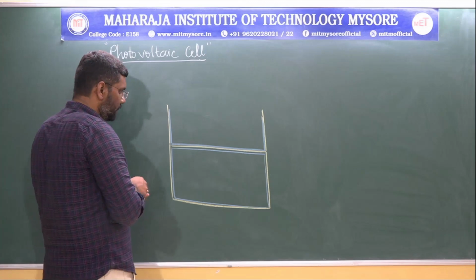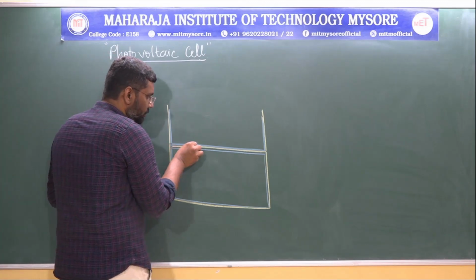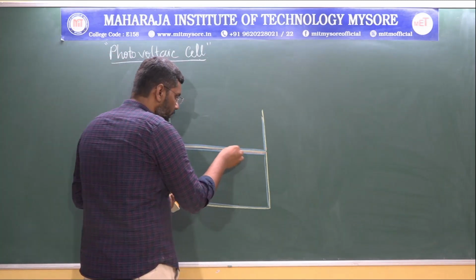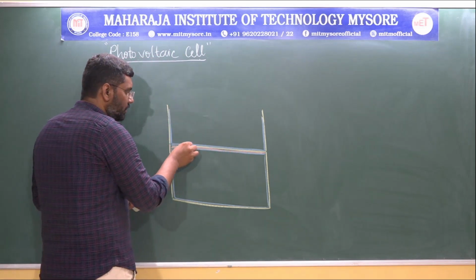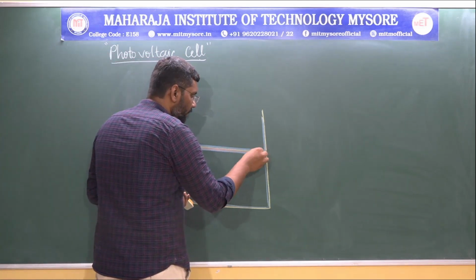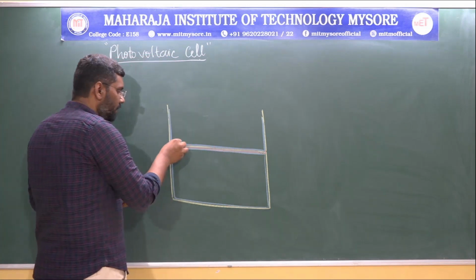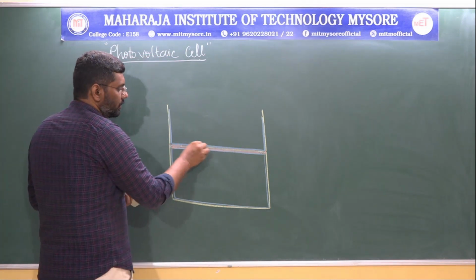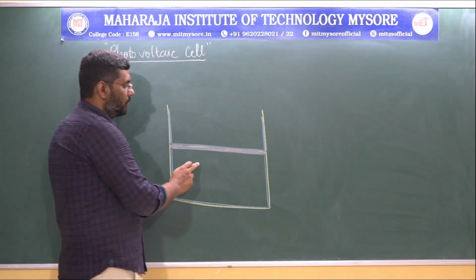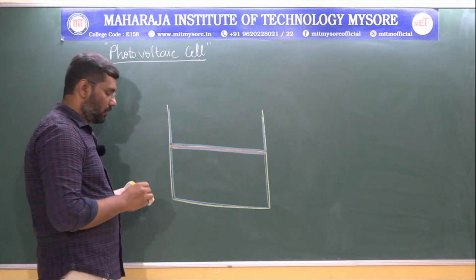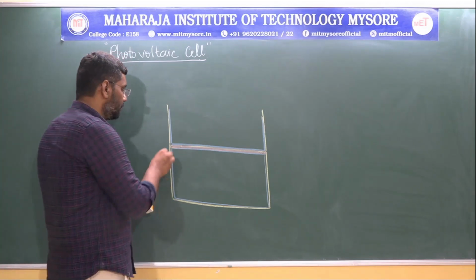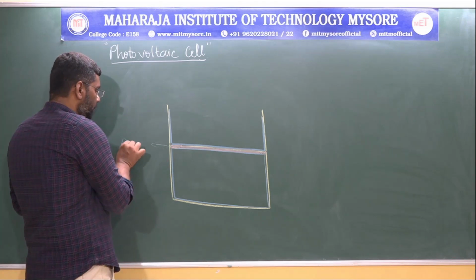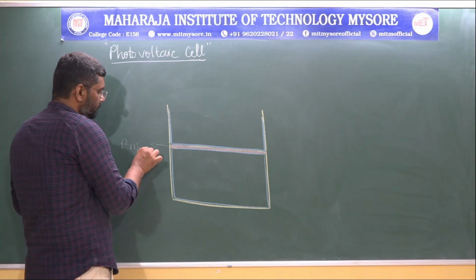So here there is the presence of a p-n junction. A p-n junction is nothing but a place where both n-type and p-type come in contact with each other. We call this a p-n junction.